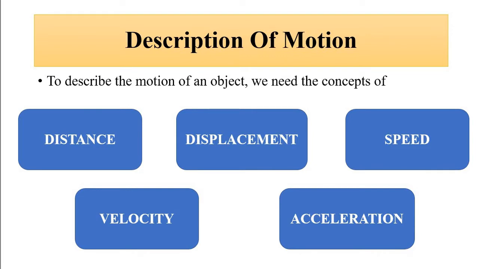So the various parameters that we need to understand are distance, displacement, speed, velocity, acceleration. Okay, so first let us discuss distance and displacement. Okay, let us try to understand these two things.